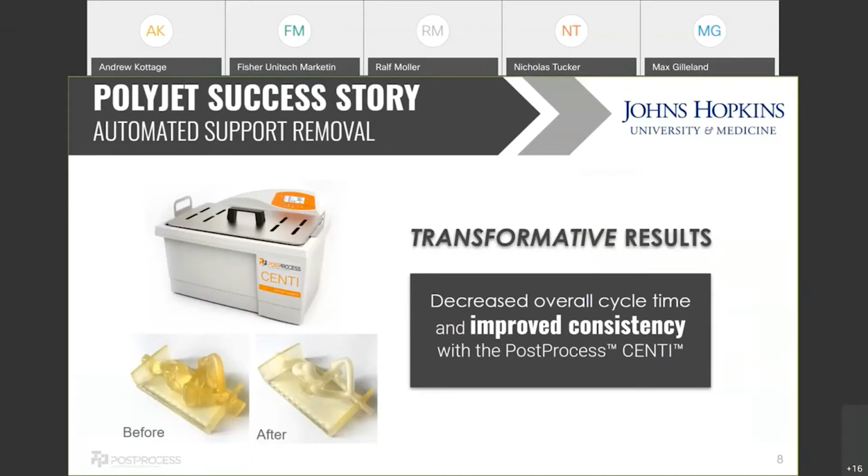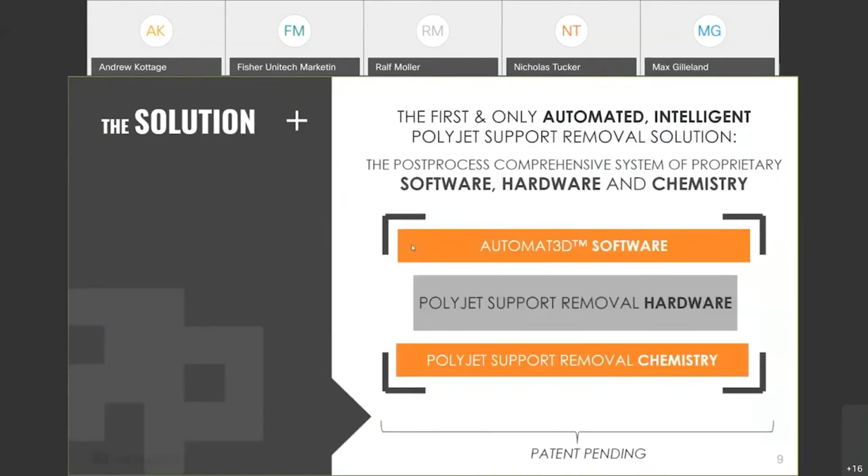It's a similar technology, but Johns Hopkins benefited from a tabletop unit. A little bit lower throughput, but still running into a lot of the same challenges. So they decided they didn't want an operator to just be stuck in front of these parts for hours at a time. And they benefited from the Senti's technology. So that's a segue really into our solution.